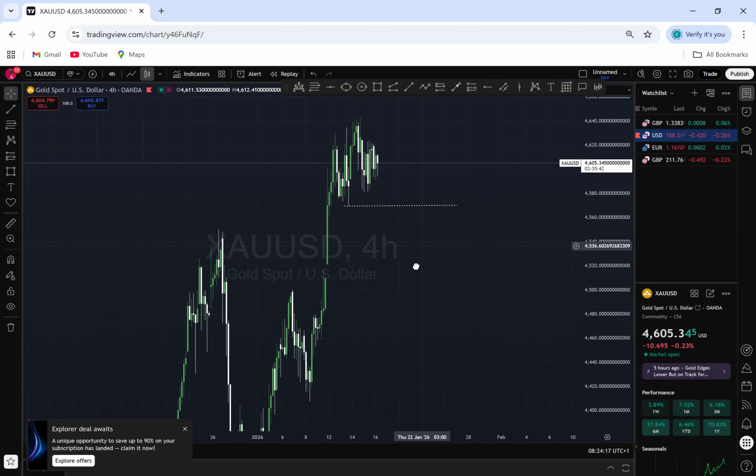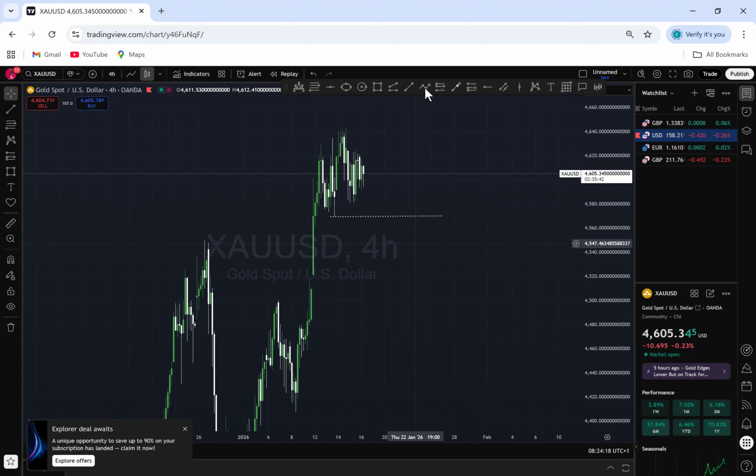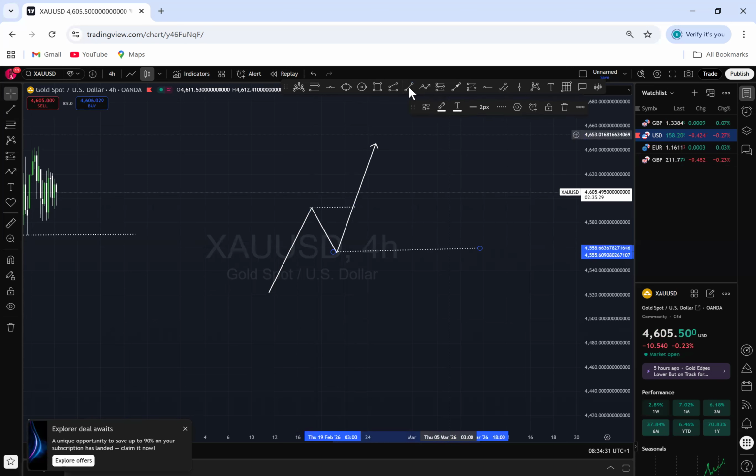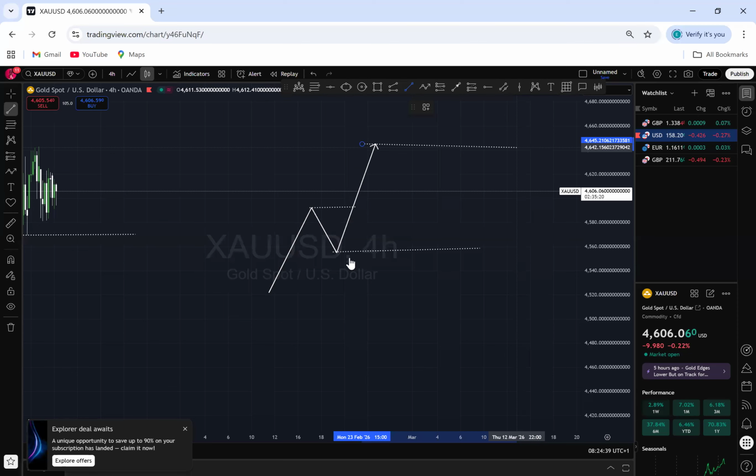Now, here's the thing. If you have a range on the 4 hours, let's say this is your last break of structure. Whatever you want to do, you do not want to be taking sales, except if you understand how to trade counter trends. But if you do not, don't try to take sales within this region.